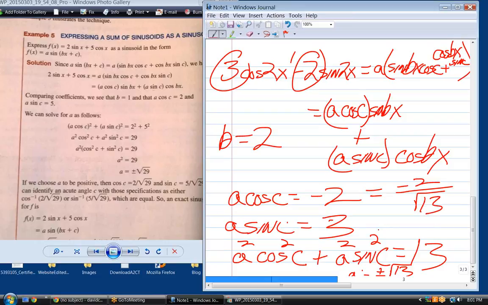The sine of c is going to be 3 over the square root of 13.